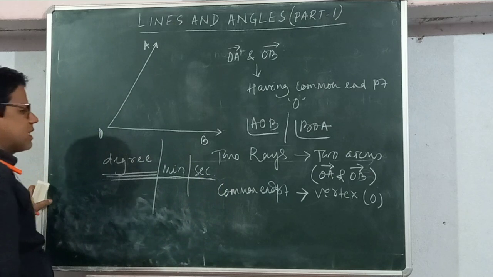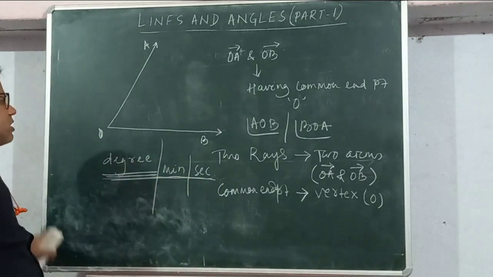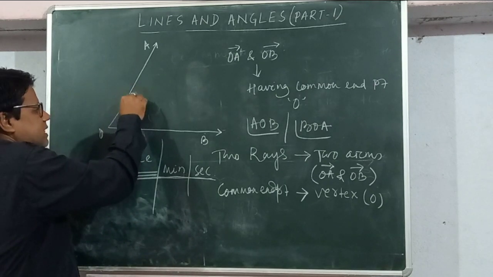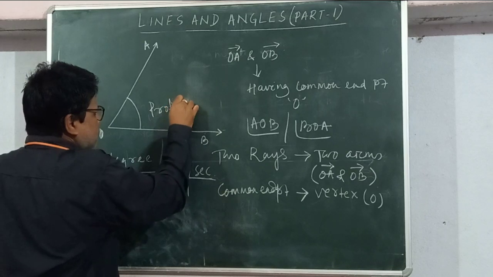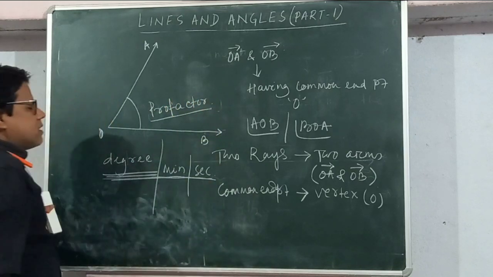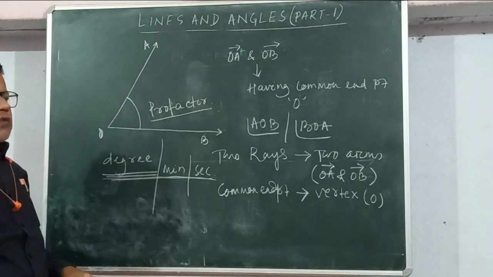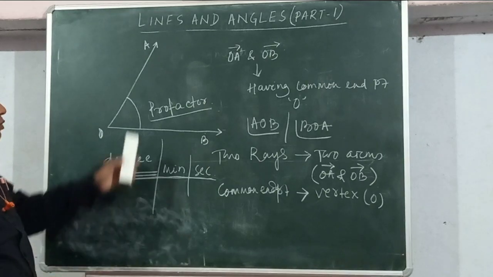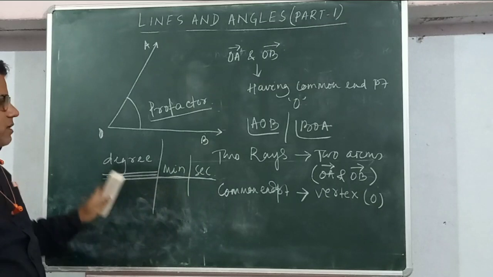Here you will measure the angle by degree, minute and second. The instrument by which we measure the angle is known as a protractor, and the unit by which we measure an angle is degree or minute or second.